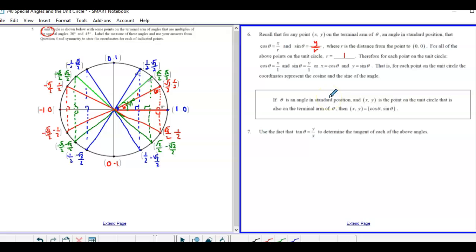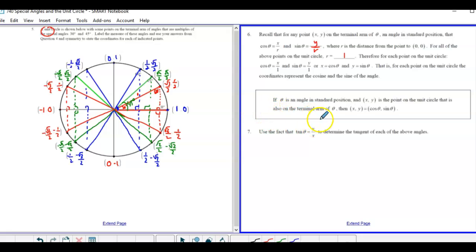Therefore, for each point on the unit circle, cos theta is x/1 and sine is y/1. So basically, when you divide by 1, it really means x is cos theta and y is sine theta. So anytime you look at a point on the unit circle, you know the sine and cosine ratio. The first element is the cosine, the second is the sine.